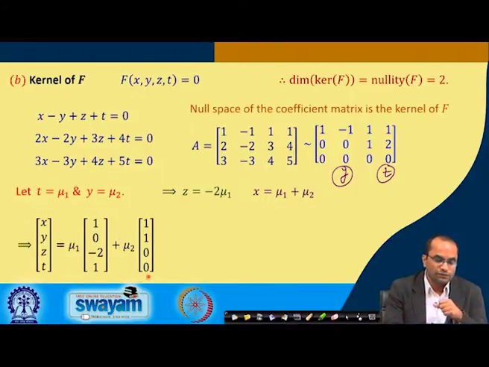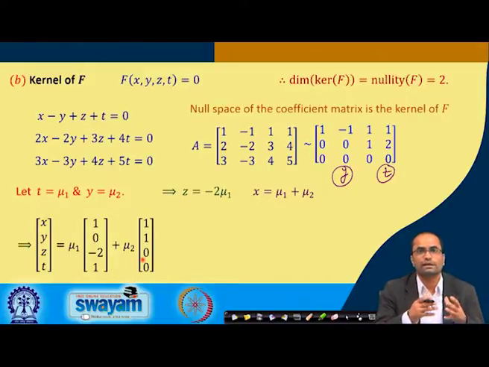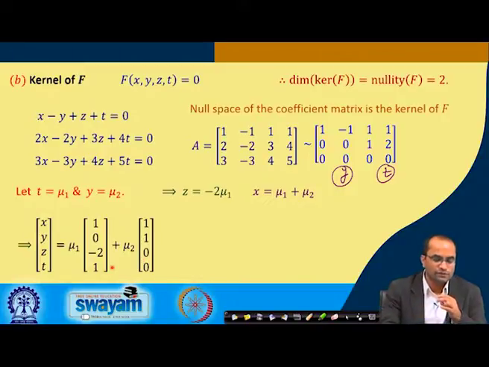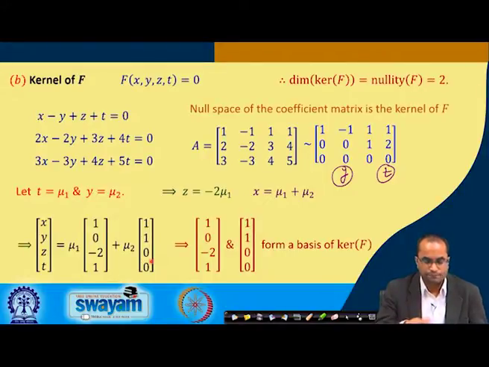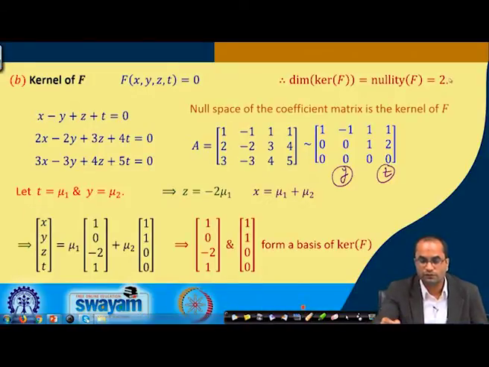So, these are the two generators which generate the solution, or span the solution. Also these two vectors are linearly independent, so they can span the whole kernel of f. Naturally these two vectors form the basis of the kernel of f, and the dimension of this basis is 2.